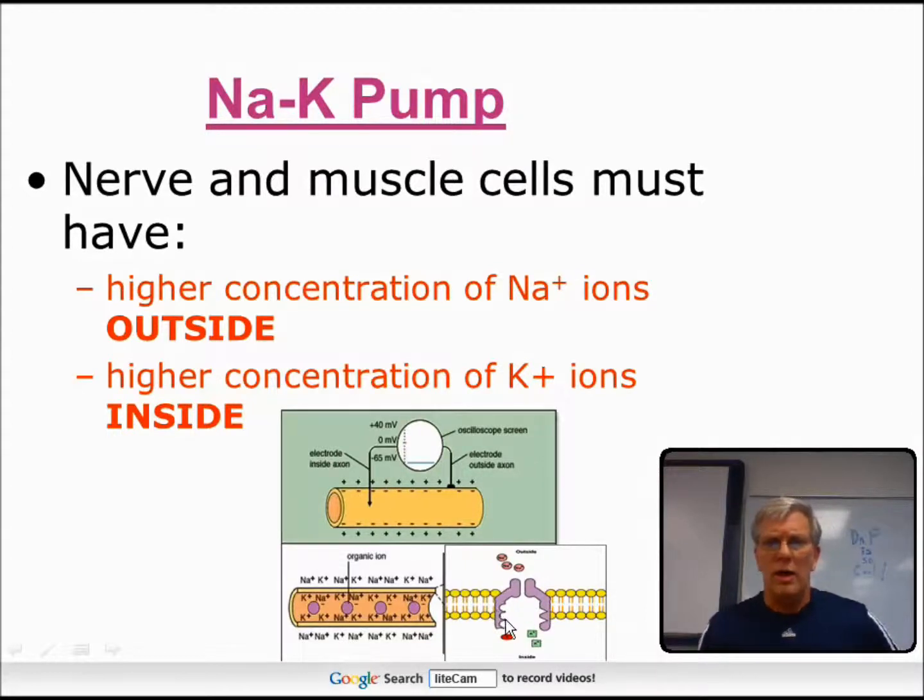So for every 3 sodium ions that get pumped out, 2 potassium get pumped in. So there's going to be an excess of positive charges on the outside of nerve cells and muscle cells. This is referred to as polarized. And without getting into any more detail than that, this is necessary in order for nerves to conduct impulses and for muscles to contract.